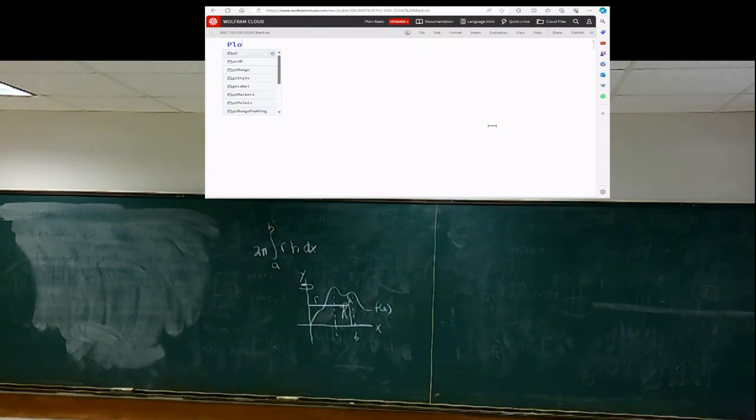We're again going to start just simply by plotting x cubed, right? Let's go -5 to 5 and set the plot range -5 to 5 as well.